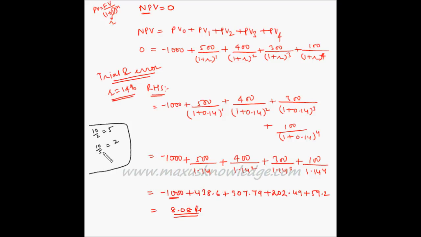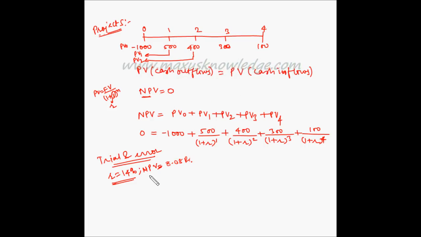So if the denominator increases, the value of the answer decreases. So here I have noted that at the rate of return of 14%, the net present value comes out to be 8.08 rupees. Now let's find out the net present value at R equals 15%.